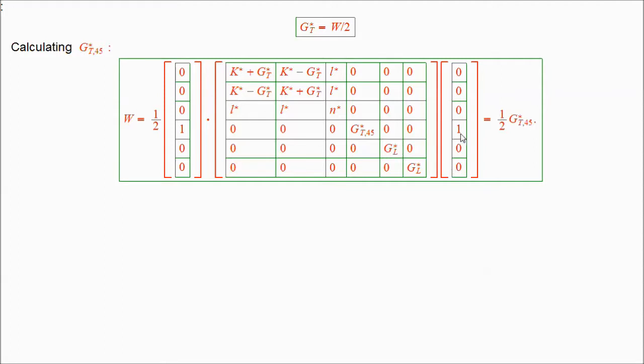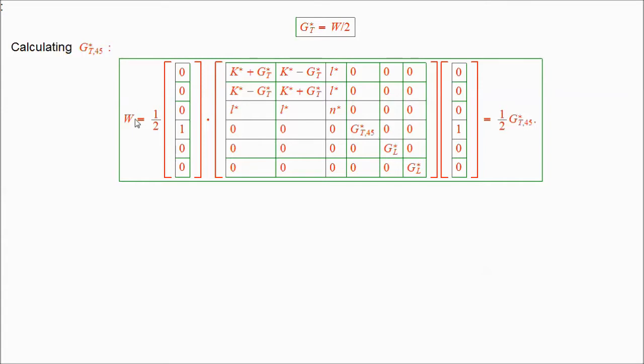So taking the product of this matrix with this vector, I obtain a vector, and I'm taking the scalar product as I did before with this vector and multiplying it with 1/2, and then I obtain, you can do it yourself just to check, 1/2 multiplied with GT45 star, namely this coefficient.